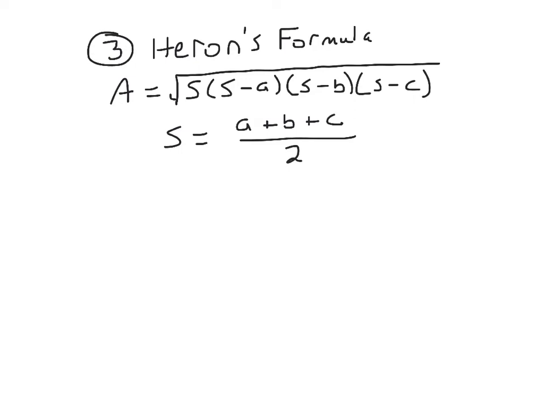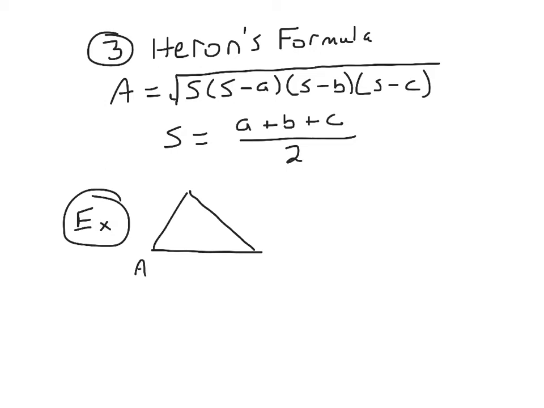So let's take a look at a couple of examples here. So here's your basic geometry example. If I give you a triangle, where this is angle A, this is angle B, and this is angle C, and I tell you that this side is 17 inches and I give you the altitude or the height to be 5 inches, then this is just a straightforward geometry question.